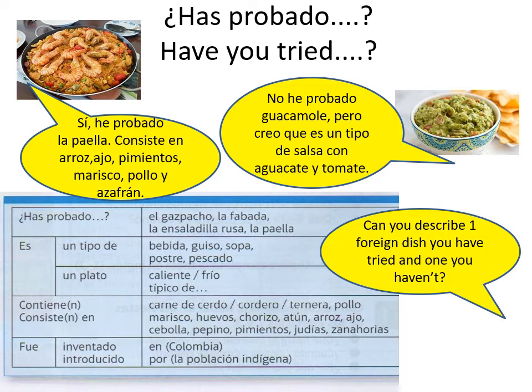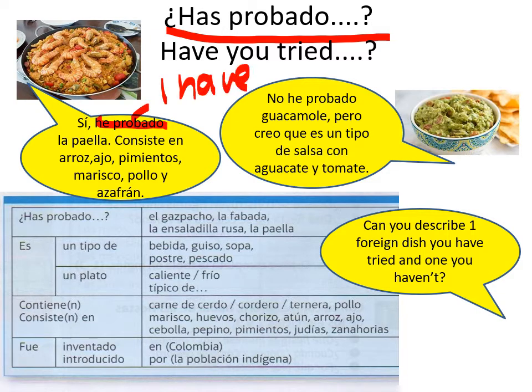The perfect tense is he probado. So we know that our question for our title is ¿has probado?, which means have you tried? So he probado means I have tried. So make a note of that. I have tried.